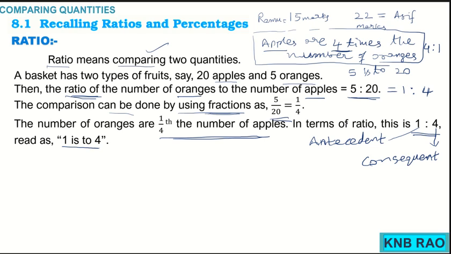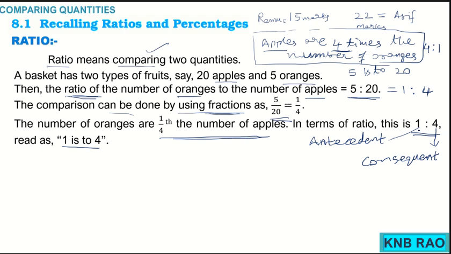Consequent. So, in the ratio, the first number is called antecedent and the second number is called consequent. Generally, ratio is read as the first number is to the second number. Okay, antecedent is to consequent.